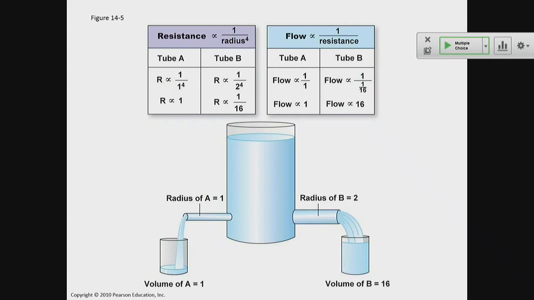Can anyone think of a situation when the viscosity of the blood might be changing? Yes? Fluid replacement or dehydration. True. Yeah, so if you put a lot of extra fluid in your blood, then the amount of red blood cells and white blood cells would be relatively low, and that would change the viscosity.